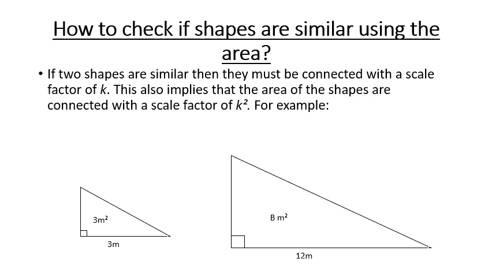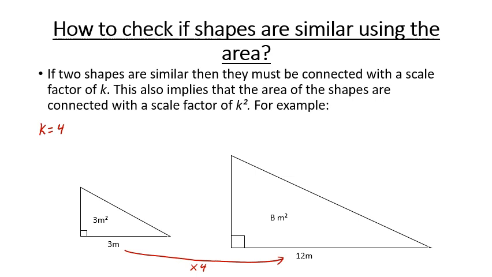This also means that if two shapes are similar, their area must be connected with a scale factor of K squared. So, as an example, here we can see that the length of the bottom of these two triangles is connected by a scale factor of 4. So therefore, our K value is equal to 4, because 3 times 4 gives us 12.